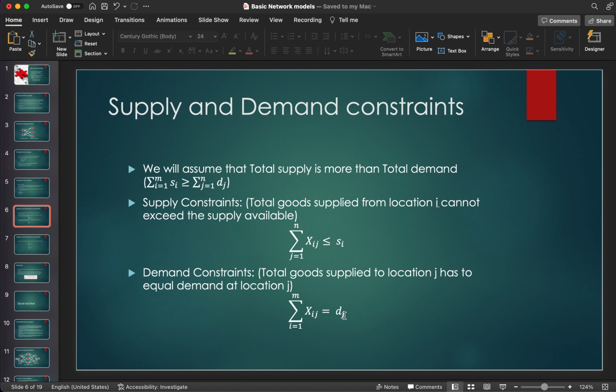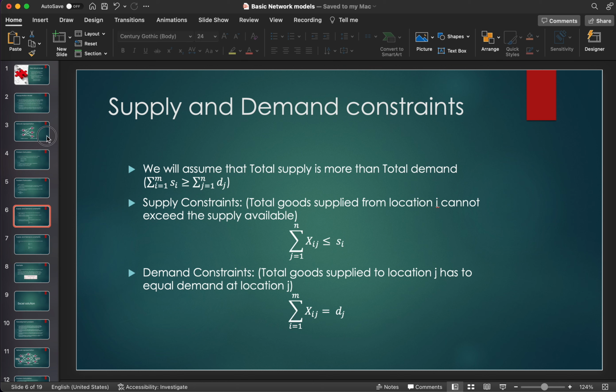And then finally, when you write demand, now in this case, we wrote demand is equal to. Again, it is very important to understand. This is the scenario where total supply is more than total demand. So that is why you're saying that all demand gets satisfied. So because all demand gets satisfied, demand constraint is an equal to constraint, right?